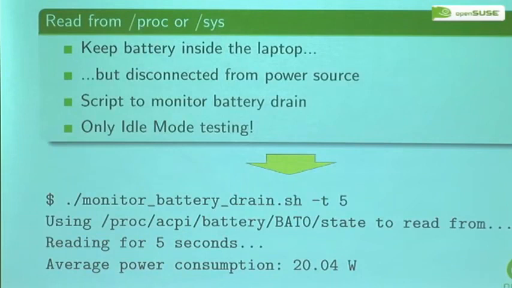And then you need a script for monitoring the battery drain, or you can also use tools like PowerTOP, but maybe they already give you too much overhead. Of course you can only do idle mode testing, and at the bottom you see an example of how you can do it. I just measured for 5 seconds here.